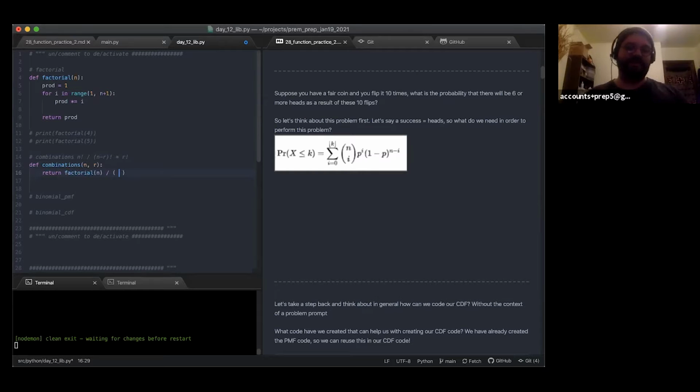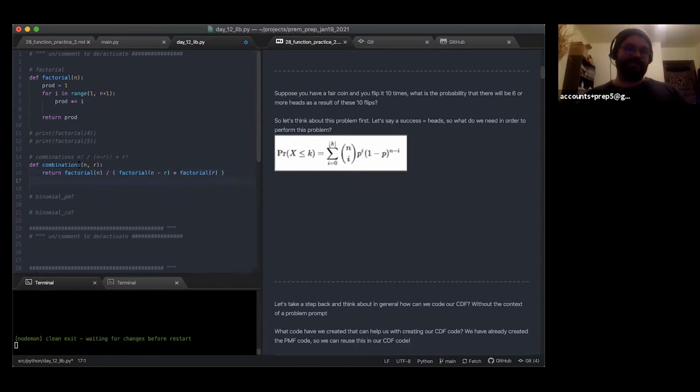Not that I need it in this case, but it's not going to hurt me, and it's going to make my code clearer, at least in my opinion. So you do you, but if you want to err on the side of more parentheses, you'll probably be a little safer. Have more consistent results in general. See, I'm saying K, I need to say R. Okay, cool. So n factorial over factorial n minus r times factorial r.